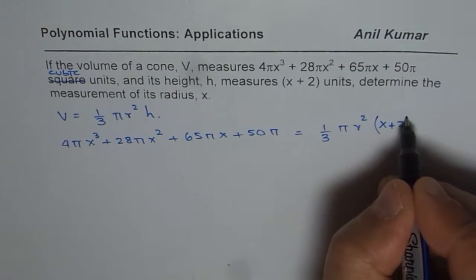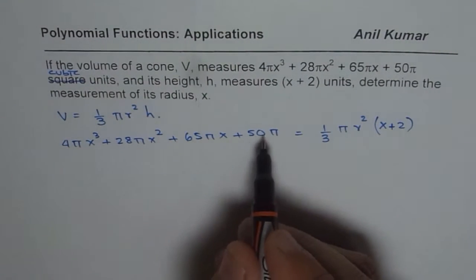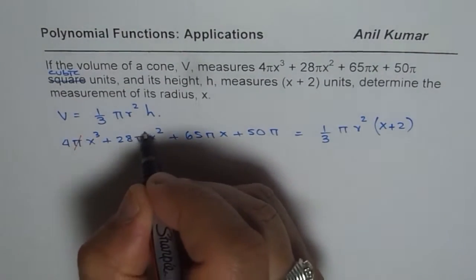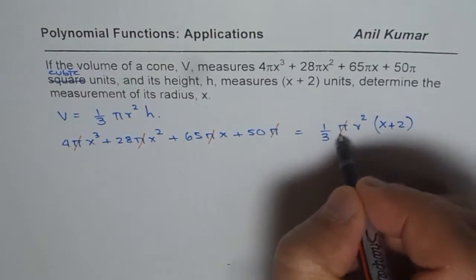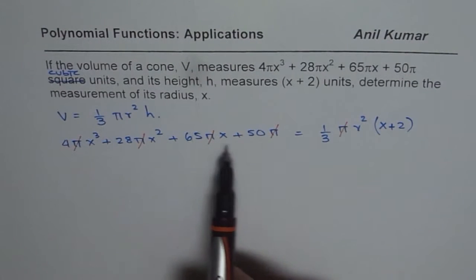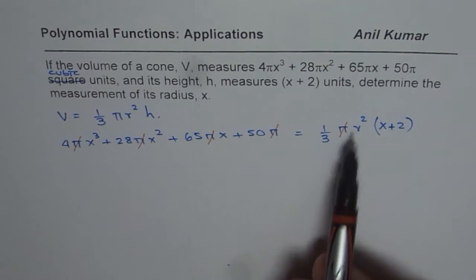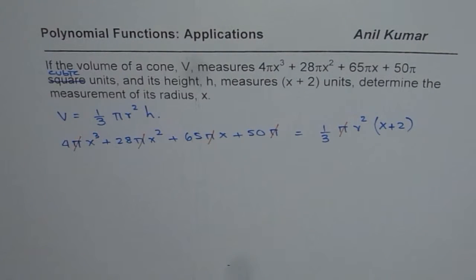So that is the kind of equation you have. Clearly you can factor pi out, and so that cancels. Now if I divide the remaining thing by x plus 2, I get 1/3 of r square, and that is how I can find r.